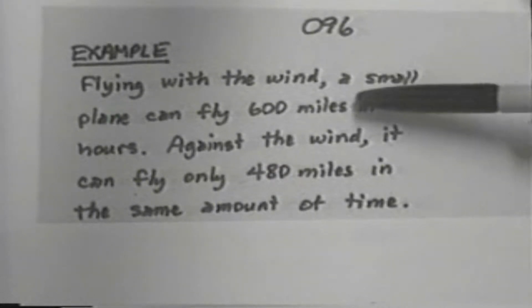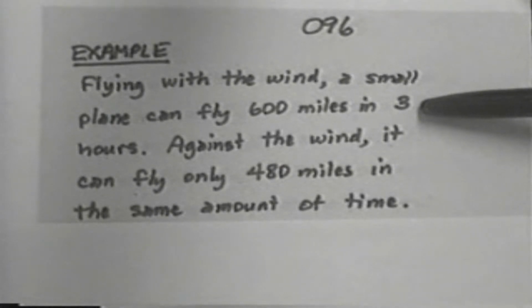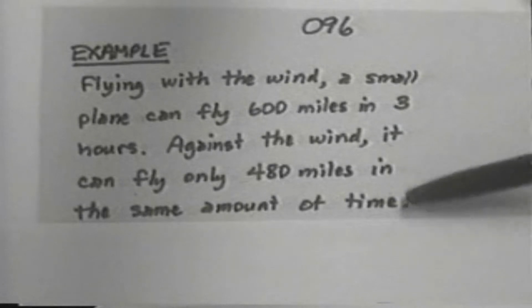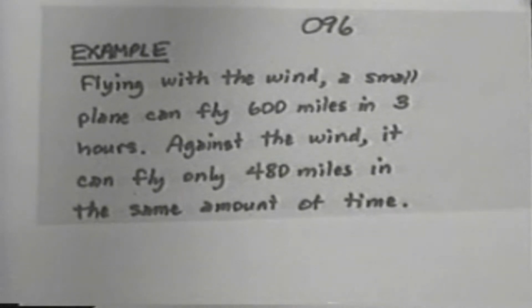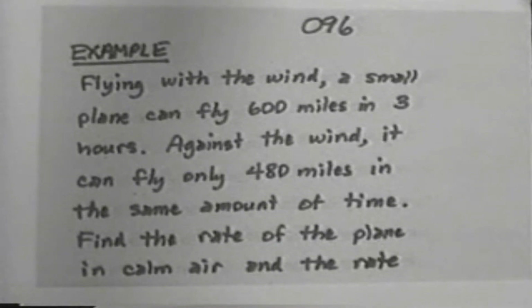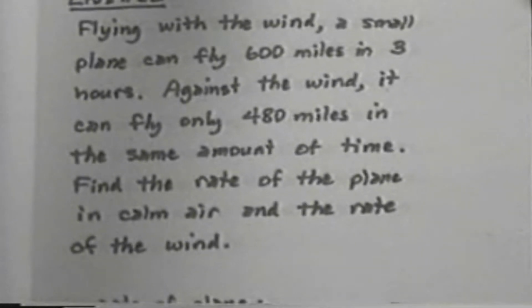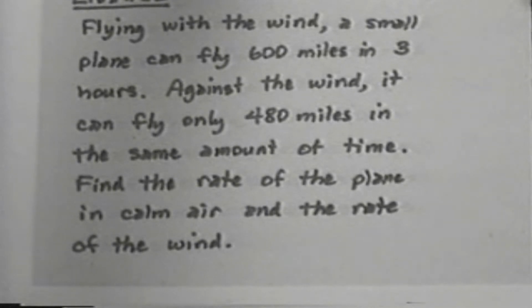With the wind, 600 miles in 3 hours. Against the wind, 480 miles in the same amount of time. Find the rate of the plane in calm air and the rate of the wind.